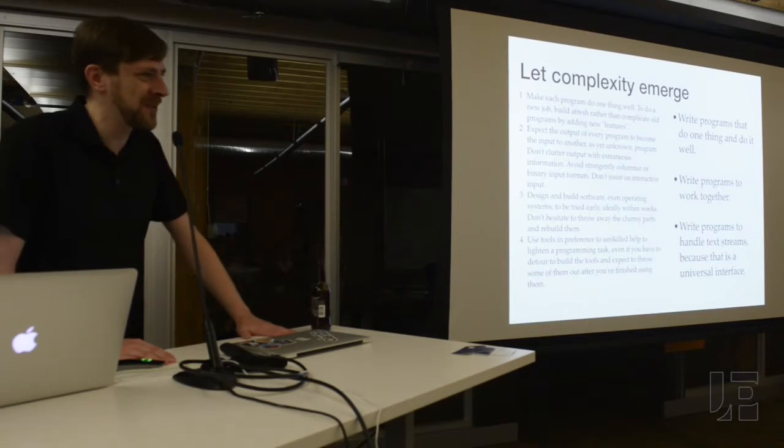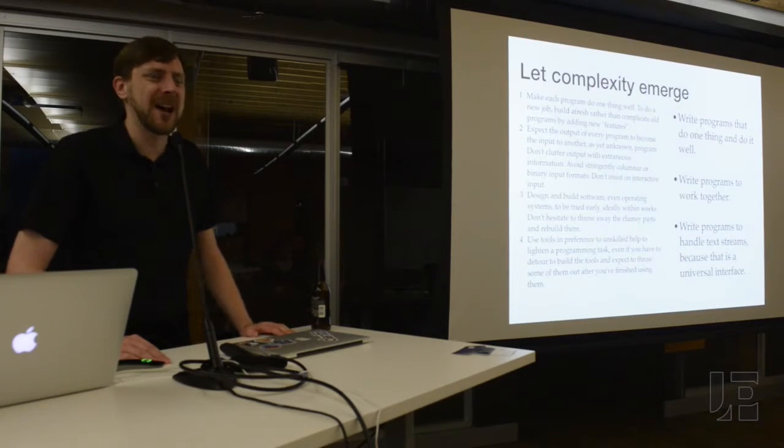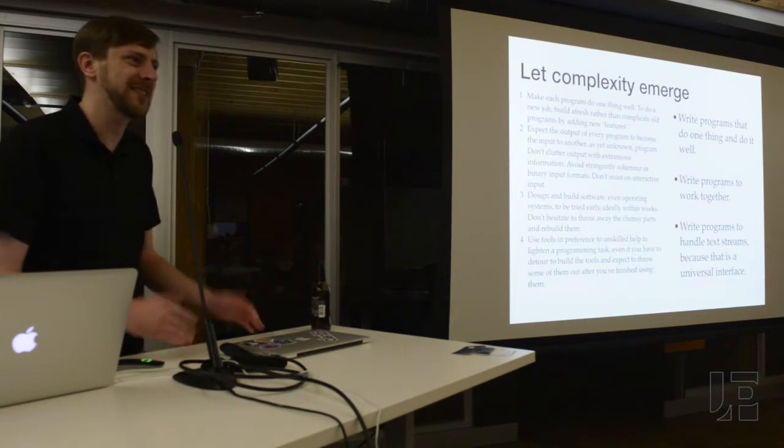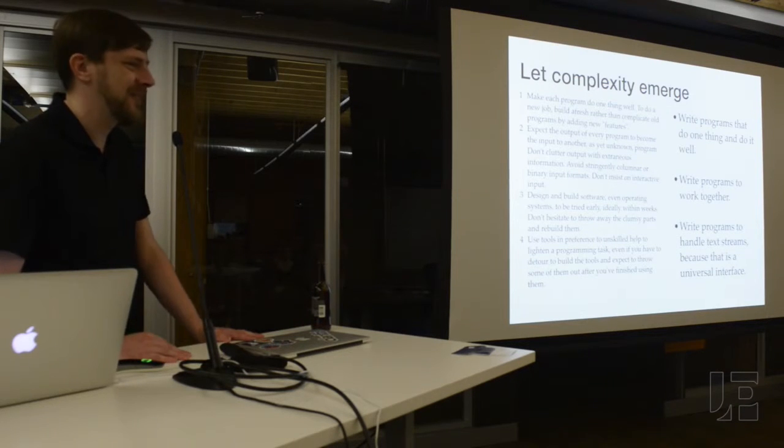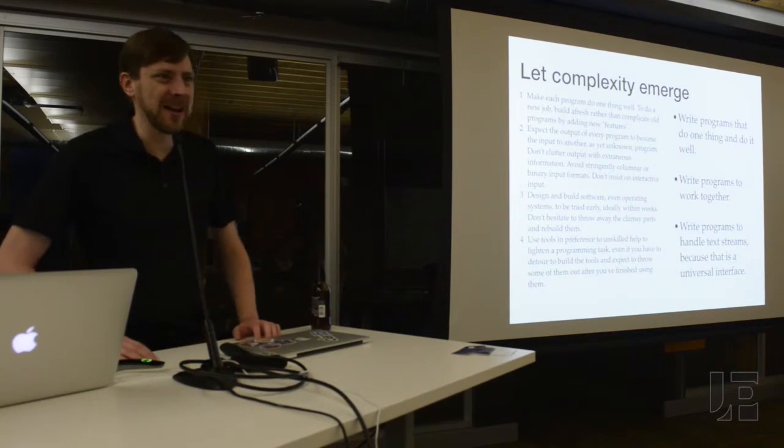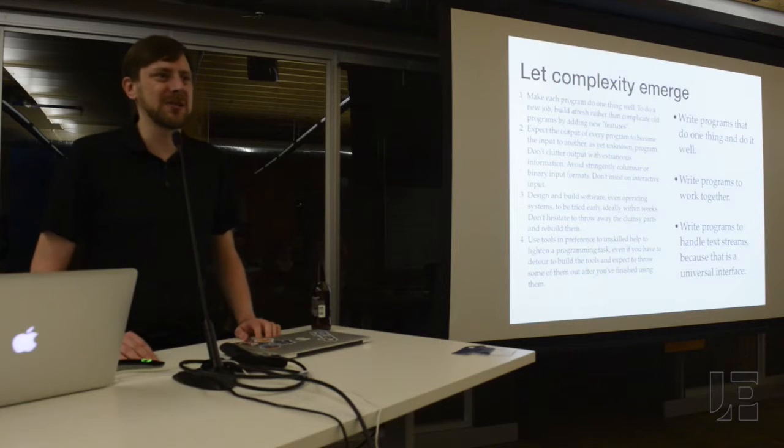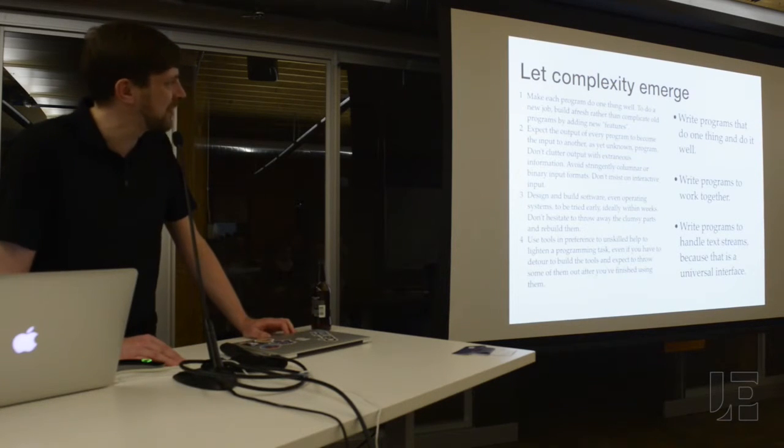That was written 40 years ago. Now we're writing REST APIs that use JSON. That's a text interface. Things haven't gone that far, so maybe there's something to be said about what these people were saying.